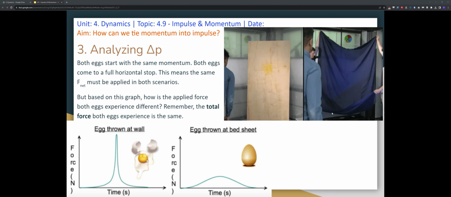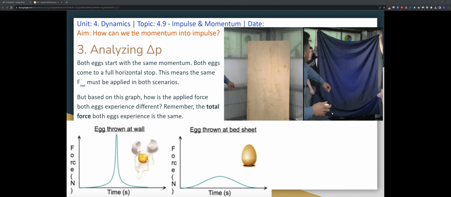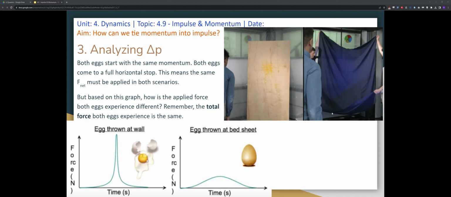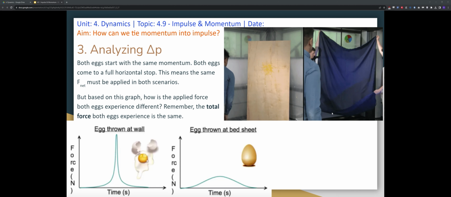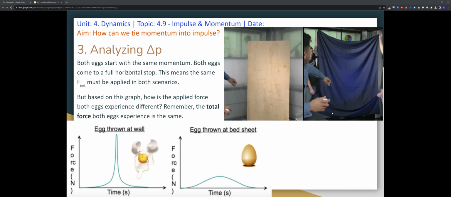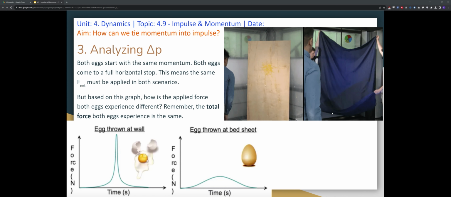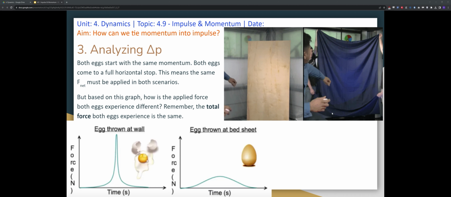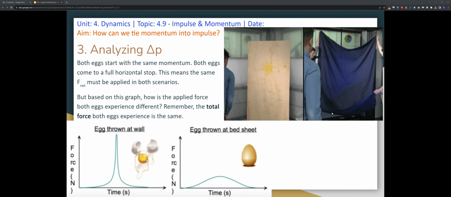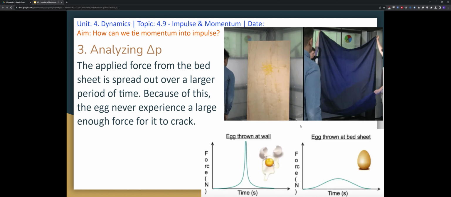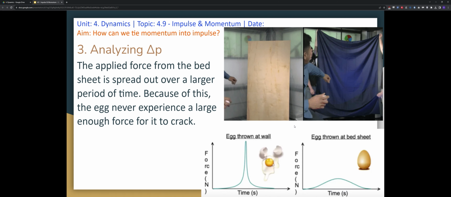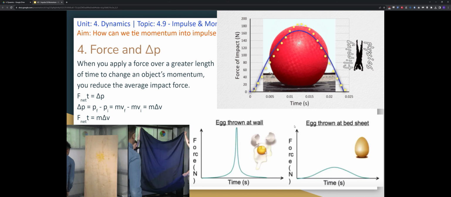Because it took longer for the egg to come to a stop, that force was spread out, and so there was never a moment where the egg experienced a large enough force to break it.